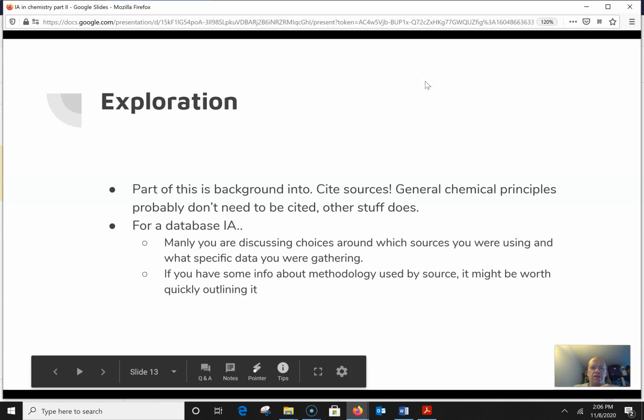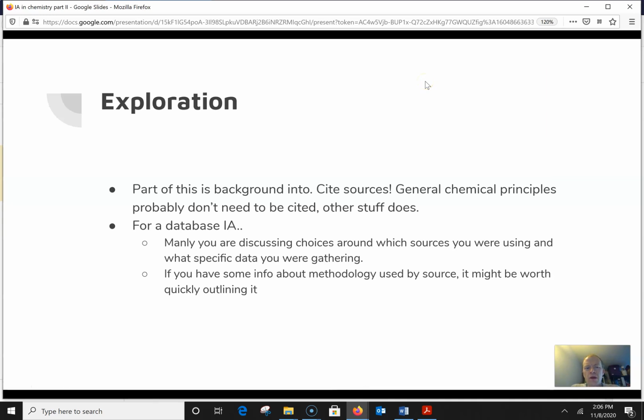So exploration. Specifically for the database IA, obviously you're not designing an experiment, but what were the choices that you made going from here's an RQ, or here's this maybe broader concept I was thinking about, to a little bit more specific concept, and how did I choose what sources to use, how many sources to use, and things like that. It is possible that there might be some methodology information available to you, some very general stuff.